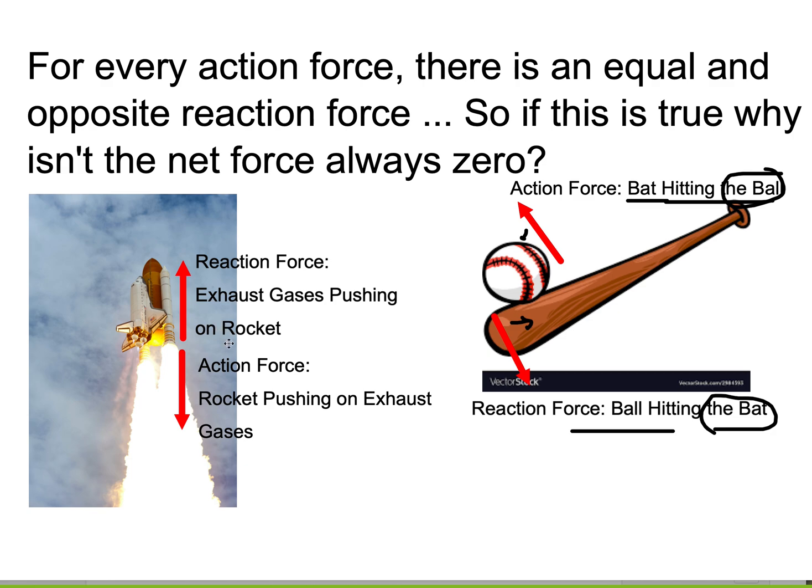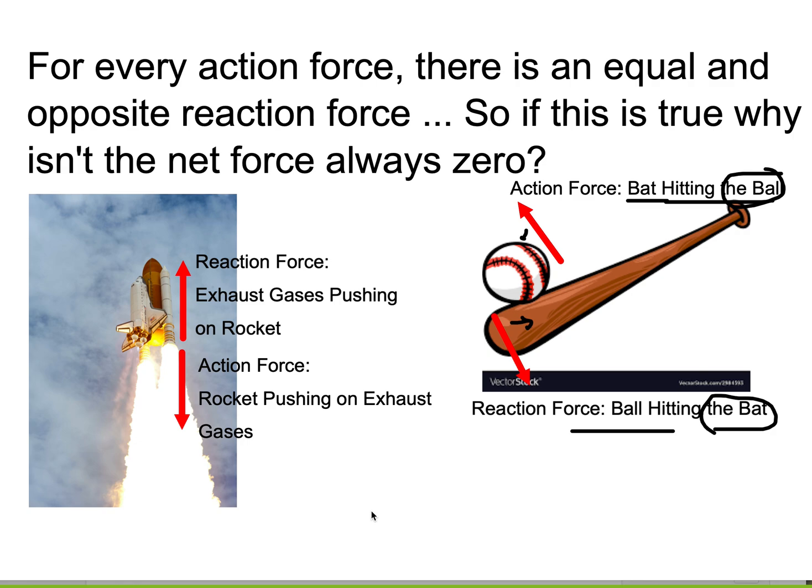So once again, these two forces, they're equal and opposite, but one force is acting on the rocket, the other force is acting on the exhaust gases. So the exhaust gases get pushed down, and in turn, the space shuttle gets pushed up. So this is how we launch rockets. This is how every rocket works.